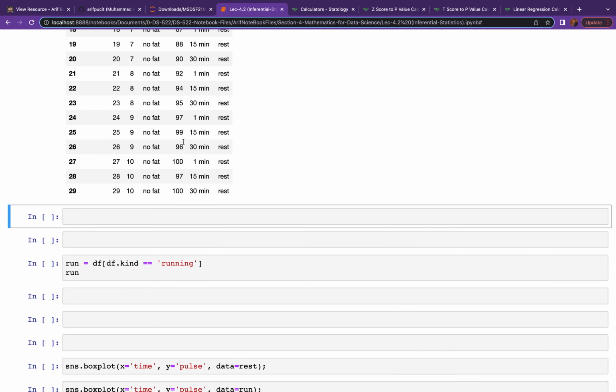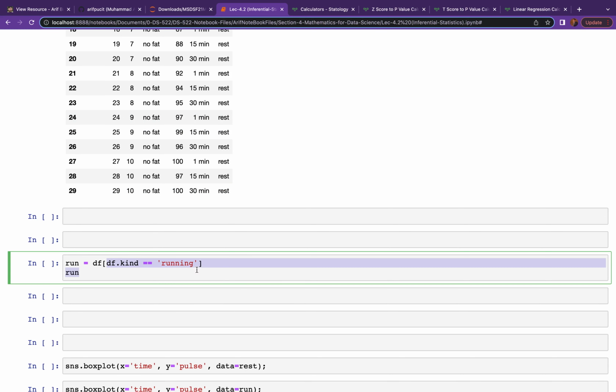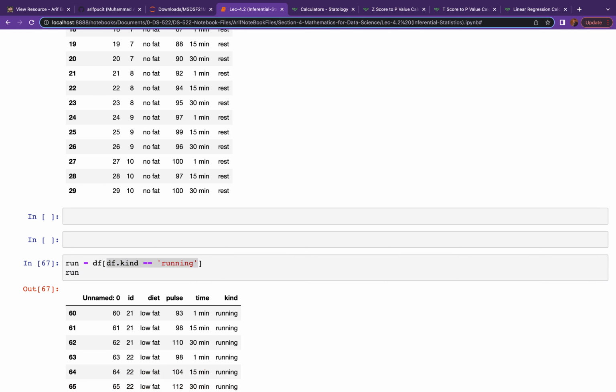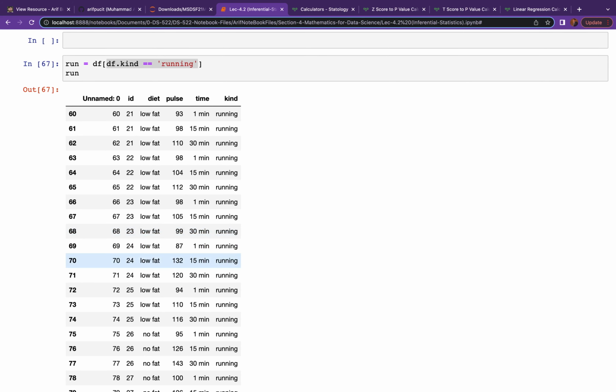Let me check out the same data after running. Let me execute this code. These are the observations of the pulse rates after 1 minute, 15 minute and 30 minute of running.